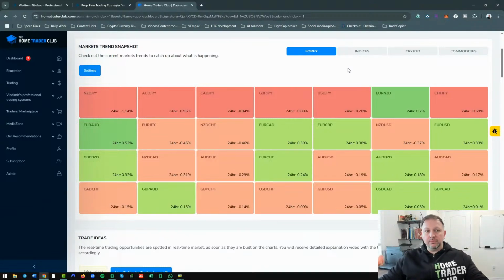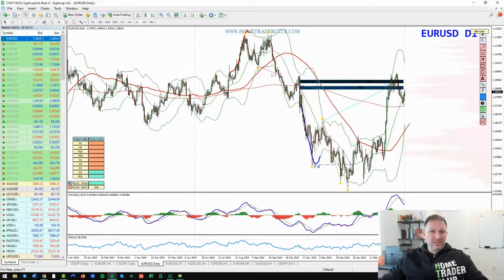Now, if we take a look at the markets trend snapshot inside Home Trader Club, what you would be able to see here is that the months are still very positive. The last 7 days were negative, but 24 hours again starts to direct to the upside. The numbers are very mixed, which is perfectly explaining what and why we see on the chart the way we do.